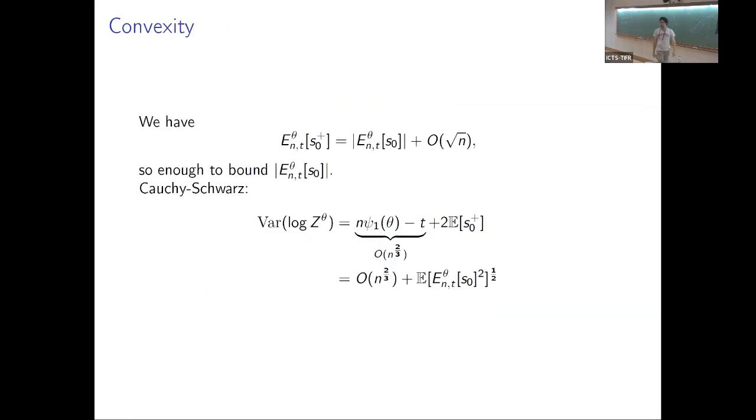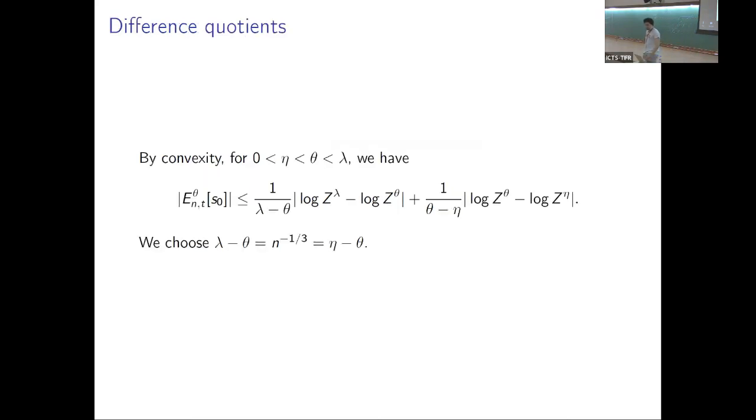Okay, so if you believe me that we can replace the expectation of SCO plus, which was basically equal to the variance, by the expectation of SCO without the plus, then we have something that we can apply convexity to. Just to remind you, why were we interested in the expectation of SCO plus? Well, basically the variance is equal to it. And so, by an easy step, this should be an inequality here. We're down to finding the second moment of SCO. That's something we can bound, since it's the derivative of the convex function, in terms of difference quotients.